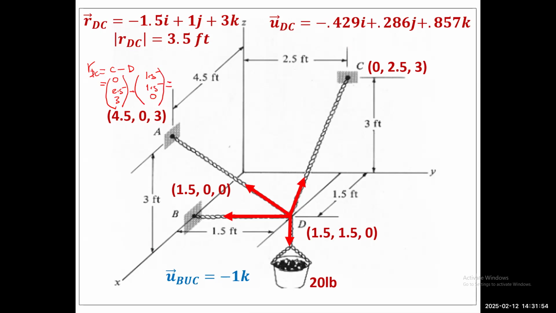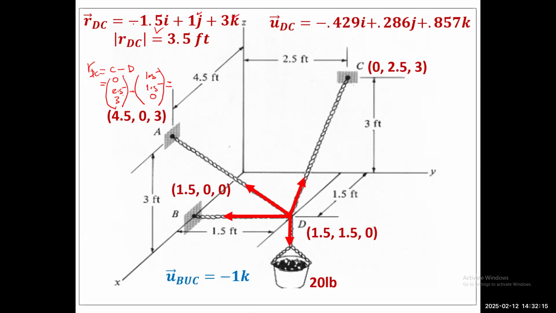And it equals minus 1.5 from 0, you're going to get minus 1.5. Here you go. And then you have 2.5, 1.5 from 2.5, you're going to get 1. So you see it, you get 1 there. And 0 from 3 is 3.